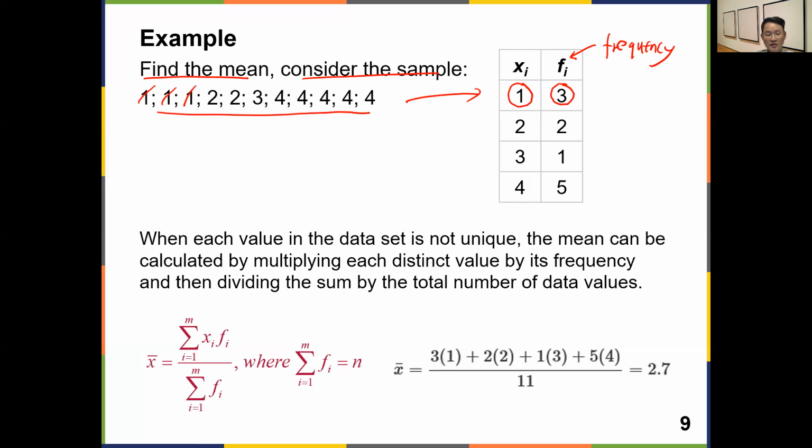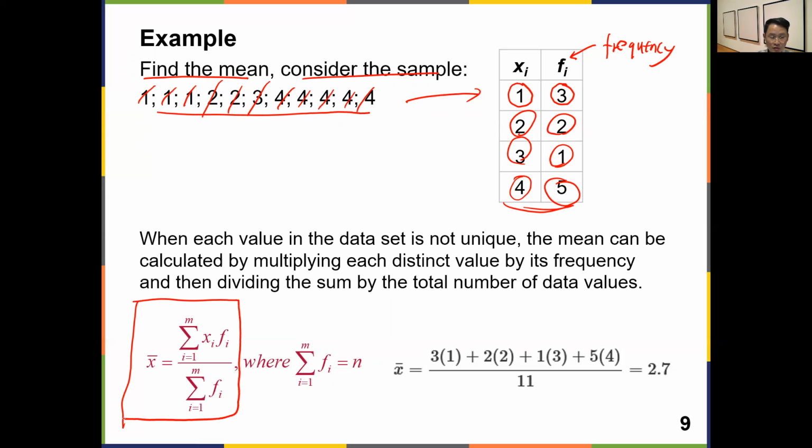X equals 1 happens 3 times. What about 2? 2 happens 2 times. What about 3? Just once. What about 4? 1, 2, 3, 4, 5. 4 happens 5 times.